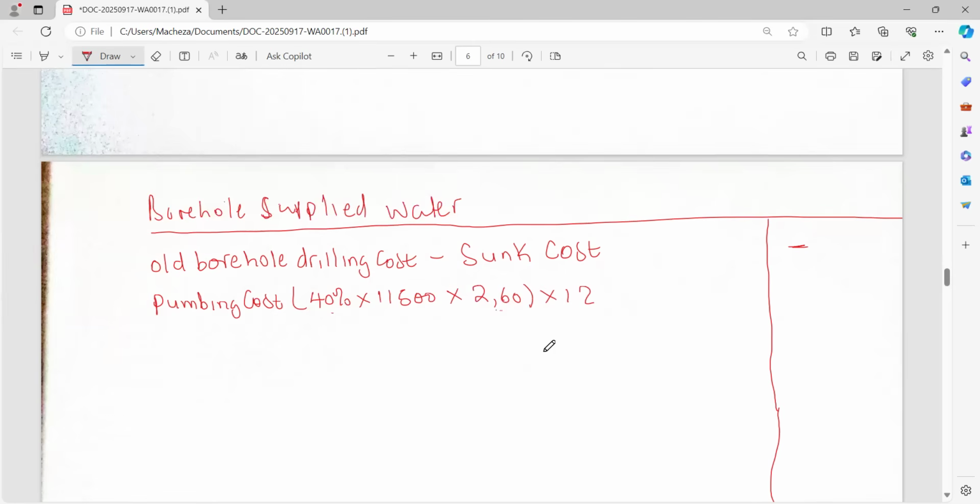How much are we going to have there? $143,520. So that's there. Then let's go and look at something else that we need.